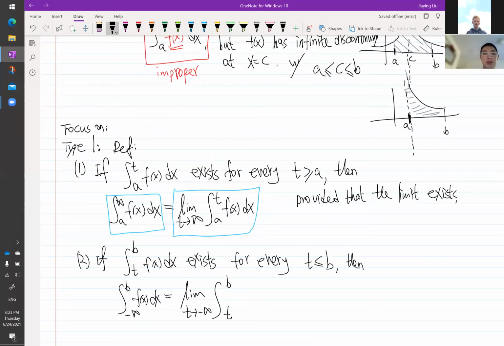But for the lower bound, we replace negative infinity with t, and we add a limit as t goes to negative infinity, provided that the limit exists. So if the limit exists, we should be able to take the limit and try to find the integral.